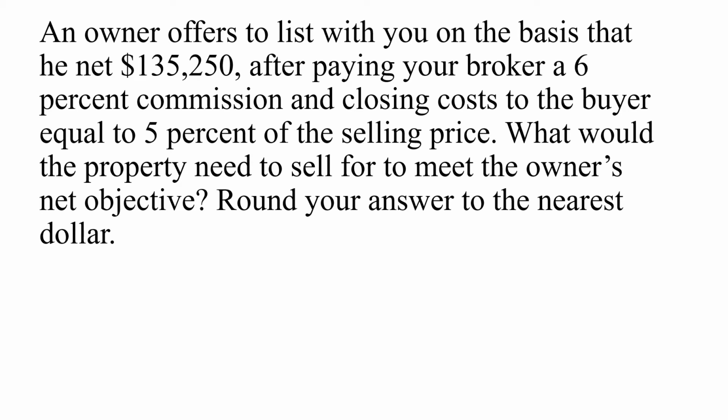So let's look at how much we need to mark that up. Well, we know we need to add in for 6% commission and 5% closing costs. 6 and 5 are 11. So we know that we need to mark that up 11%.